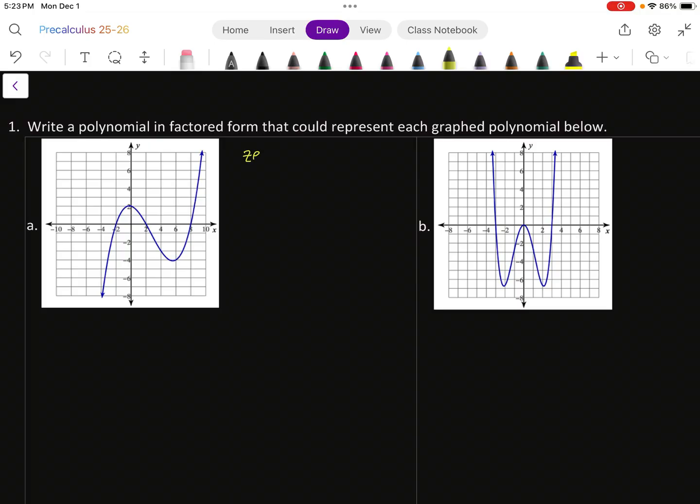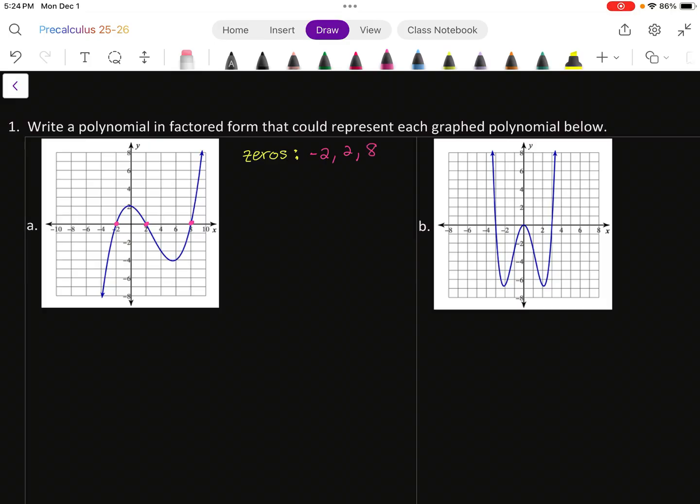So what are the zeros here? And do we have any multiplicities? We got this guy, and this guy. No multiplicities because it doesn't bounce. We see over in B there, there's a bounce off of the x-axis. So our zeros here are negative 2, 2, and 8.